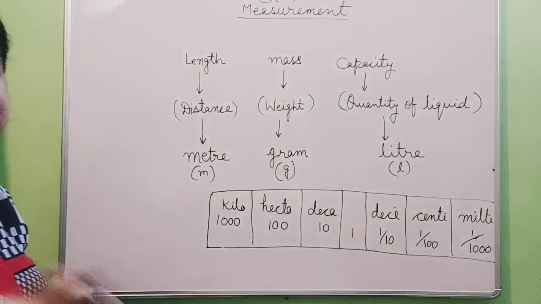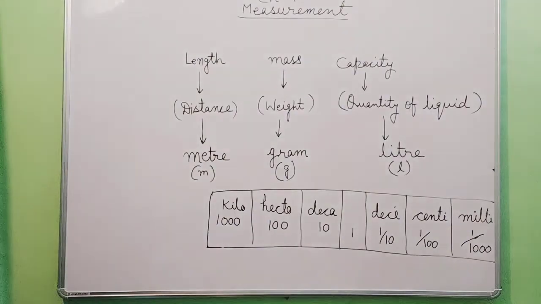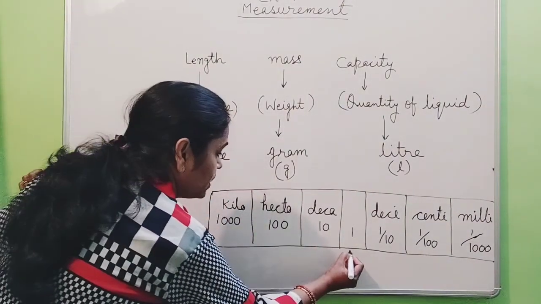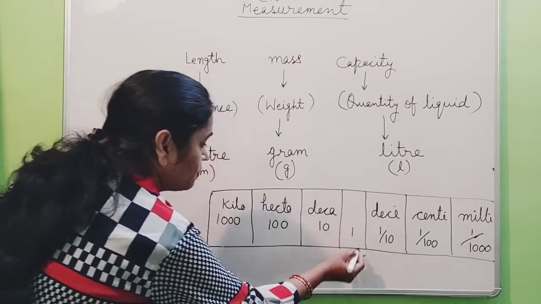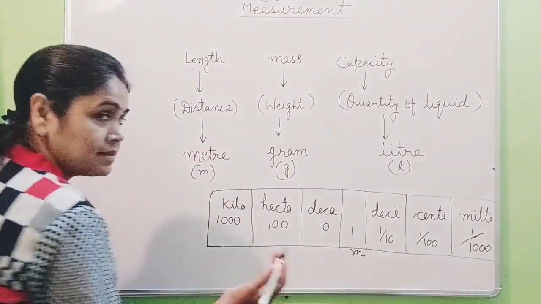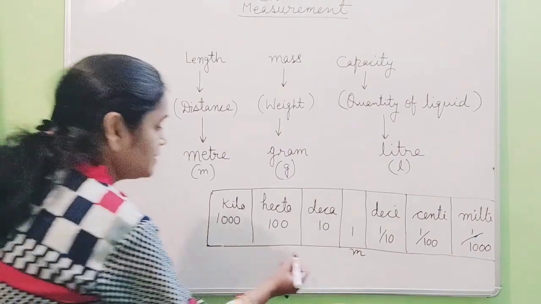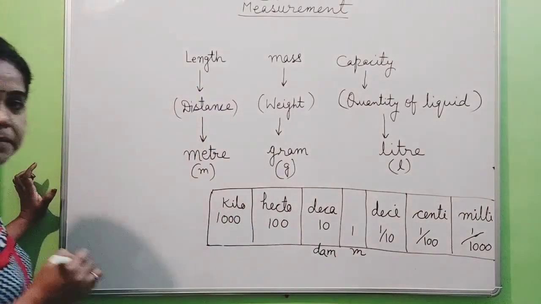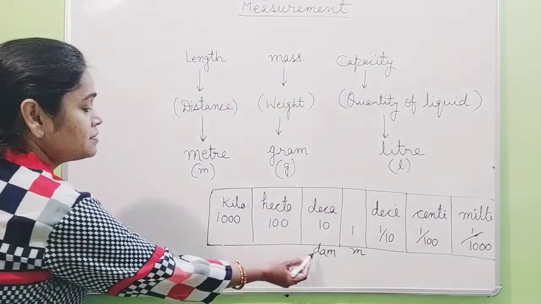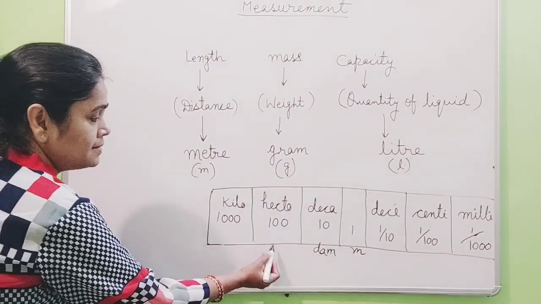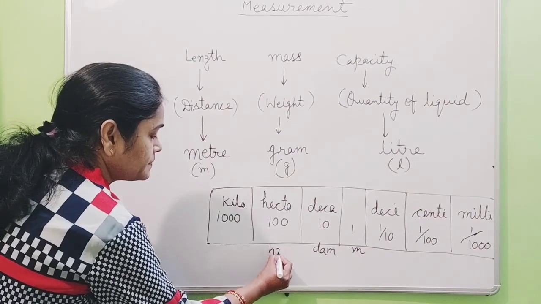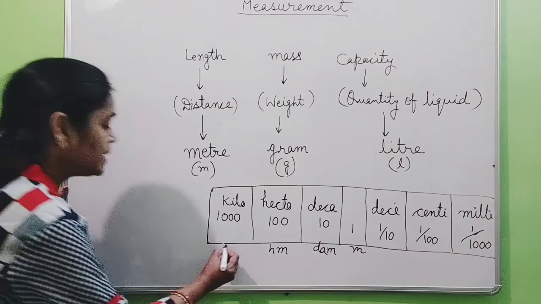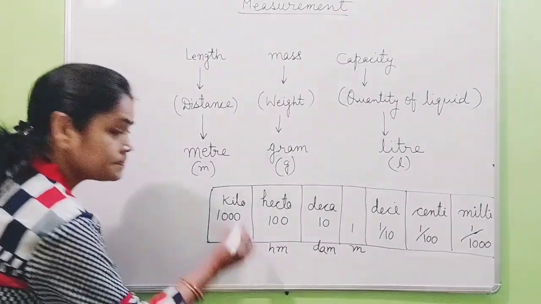Now what is the standard unit of length? The standard unit of length is meter. 10 times greater than meter is decameter. 10 times greater than decameter is hectometer. And 10 times greater than hectometer is kilometer.